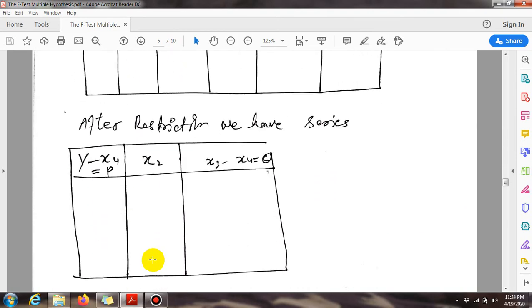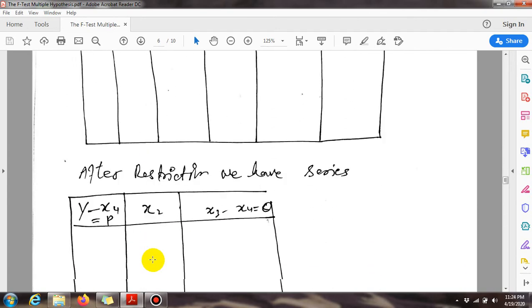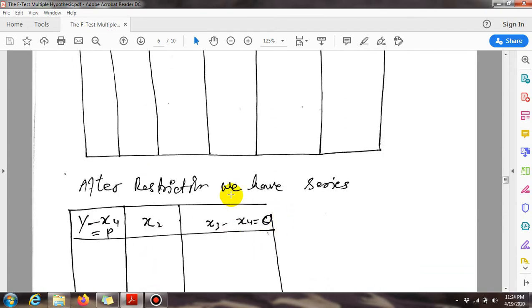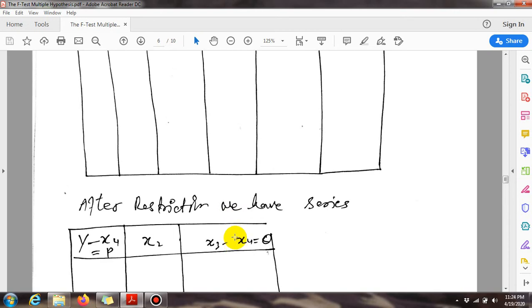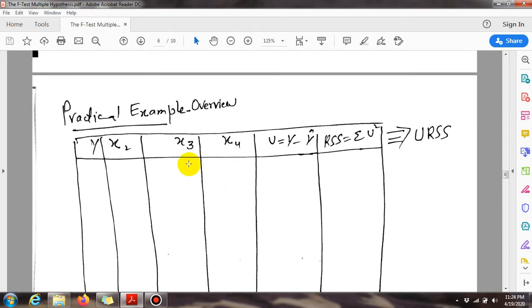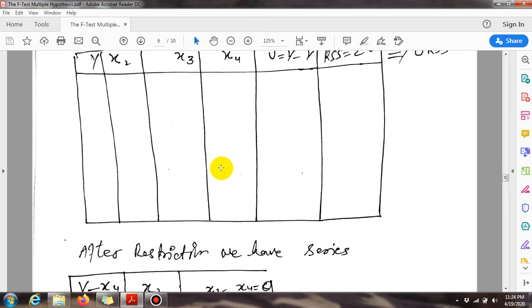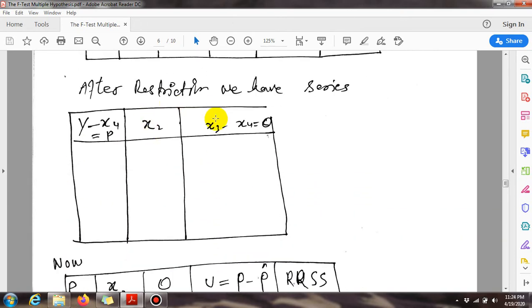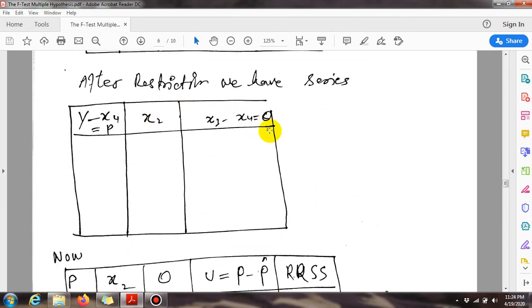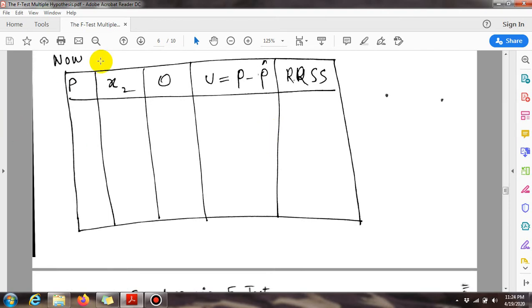And here we have q also, and q shows x3 minus x4. So we subtract x4 from x3, get a new series, and name this new series q. So here we have one dependent variable p and independent variables x2 and q.